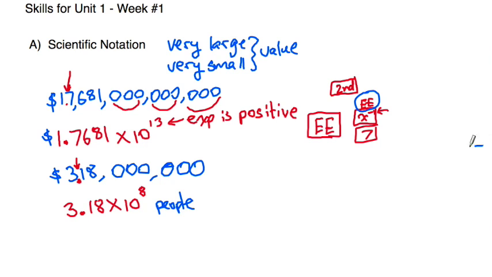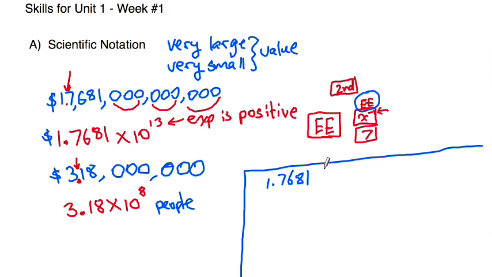So on a calculator, this is what you would type in: 1.7681 for the money. You would hit second EE to get to the EE button, second x to the negative 1, and then you would type in the power. Don't worry about the times 10 to the. This part right here represents the times 10 to the 13th in this case. And then you're going to hit the divide button.